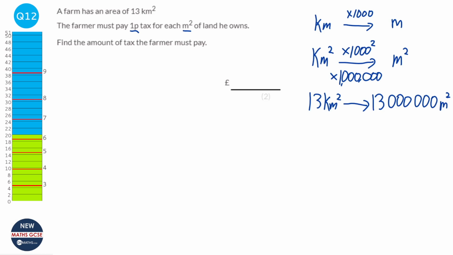And so that's going to cost him or her 13 million pence. But the answer is going to be in pounds. So we just need to get rid of 2 of the zeros at the end. So it's going to be £130,000.